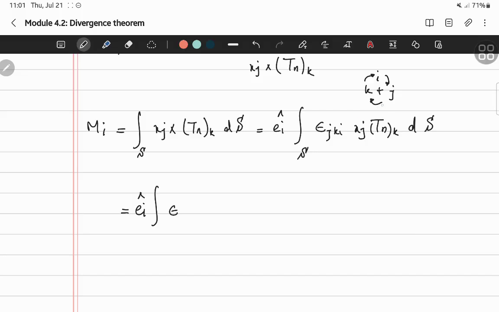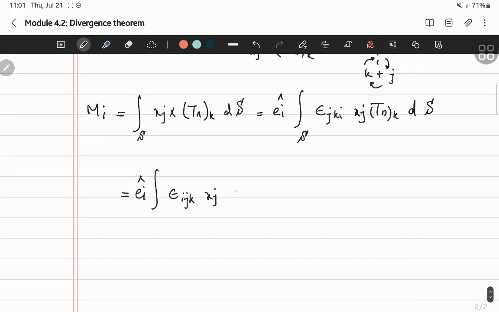So then we have jki, which can be replaced by ijk, then x_j, and this t_n_k can be written as t_km n_m. And I already mentioned the reason behind writing this as this.